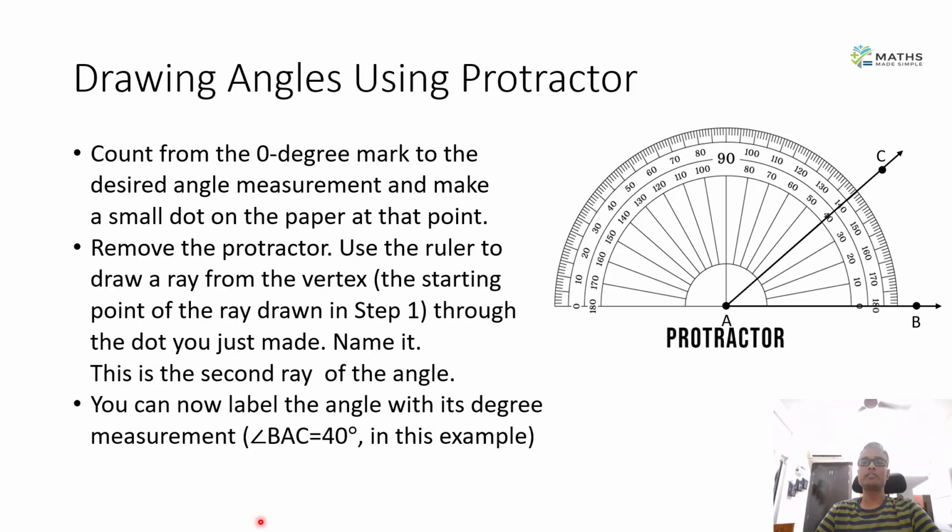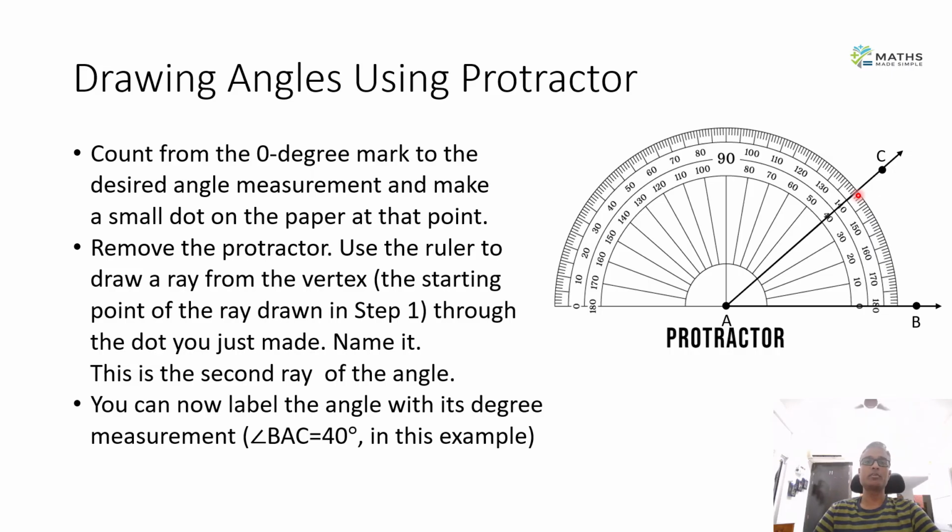Now, for the sake of this example, let's assume we want to draw an angle of 40 degrees. So what we are going to do is look at the scale from 0 to 40. And then at the 40 degree mark, we are going to just make a dot on the paper.